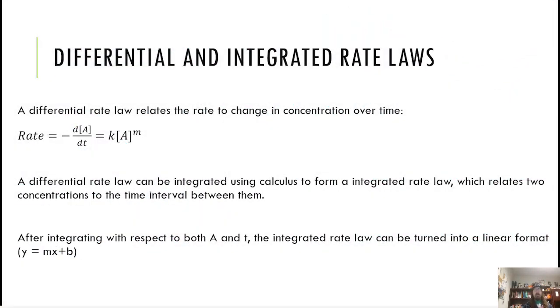So the first thing we need to consider is a differential rate law. The differential rate law, which is something we learn about in Calculus 1, looks at the rate of change with respect to the concentration over time. So we have a change in A, a small d of A, over a small d of t.